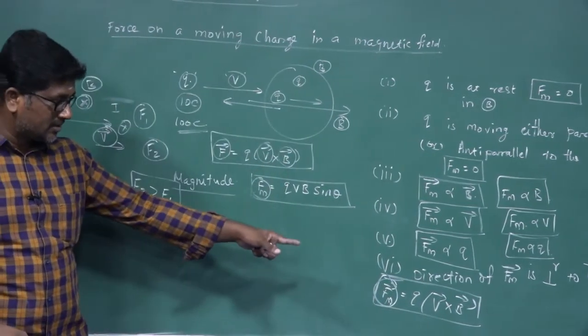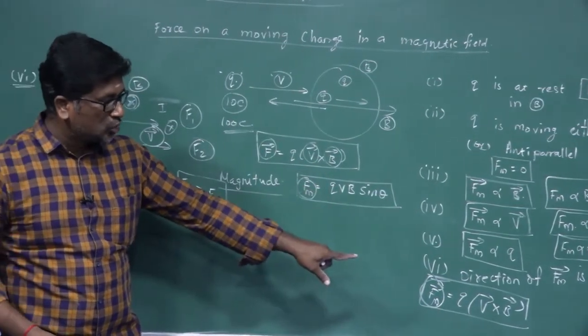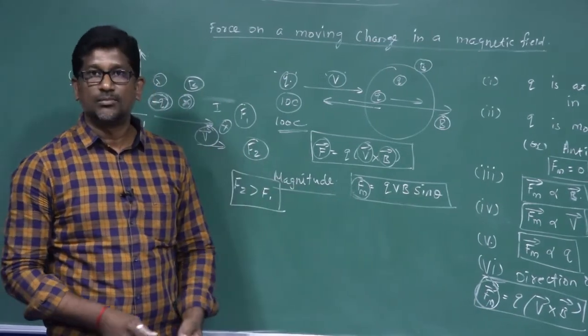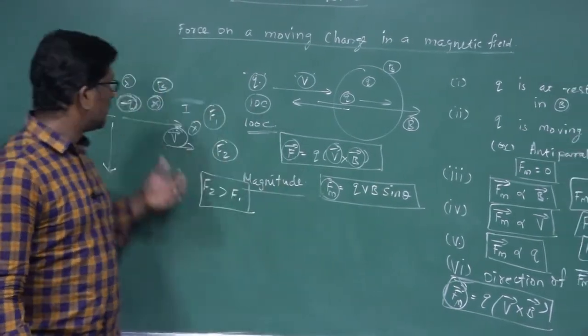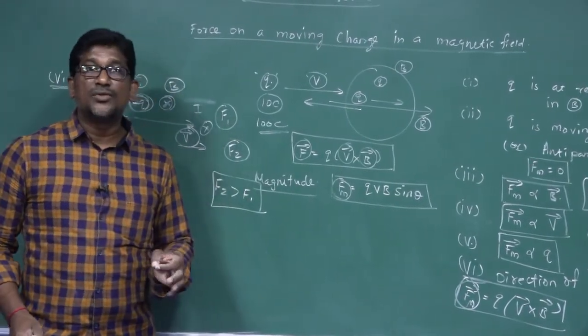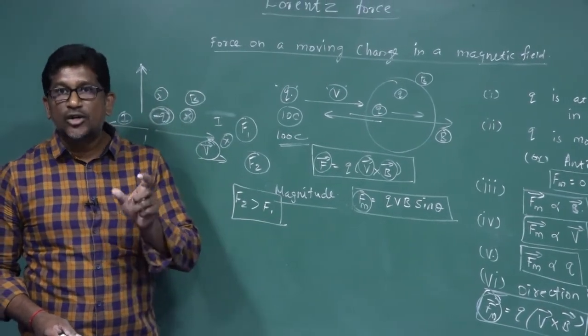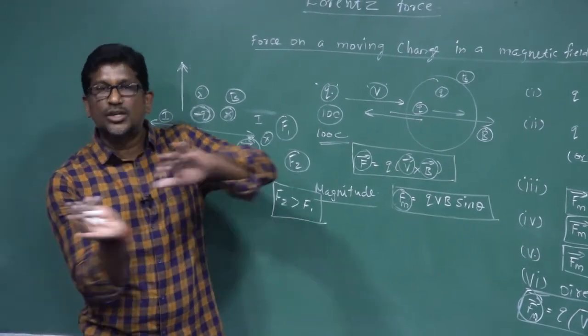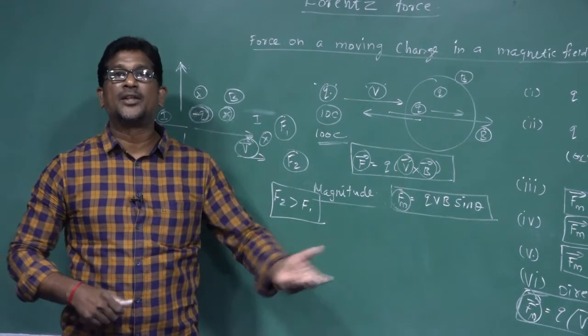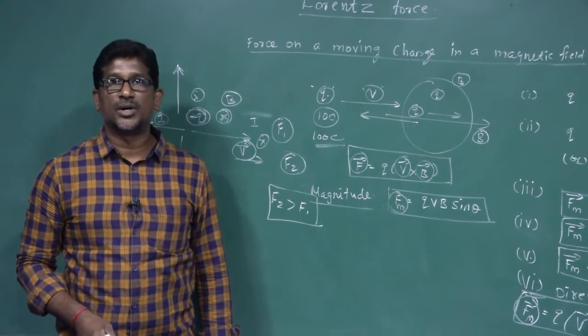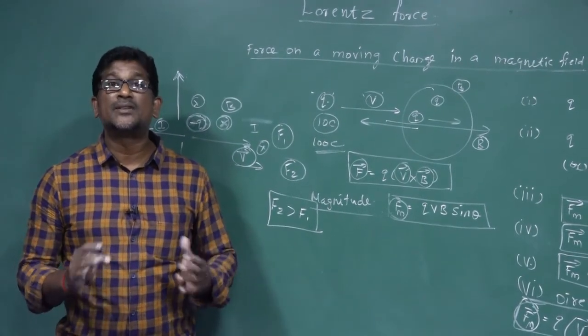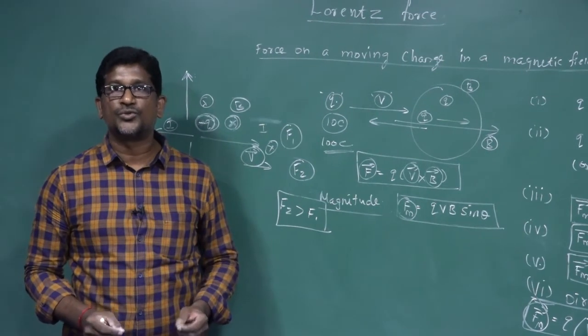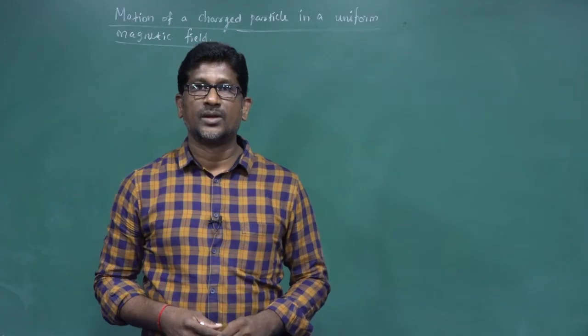It means the direction of the magnetic force is perpendicular to both the V vector and B vector. Then the last one, the direction of the magnetic force acting on a negatively charged particle is just opposite to the direction of the magnetic force acting on a positively charged particle. So these are the special features of the magnetic Lorentz force formulated by Lorentz.